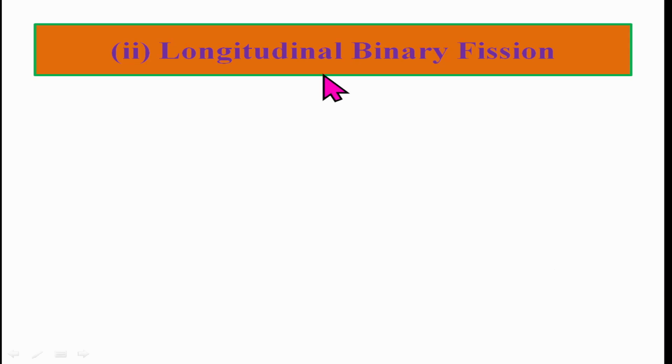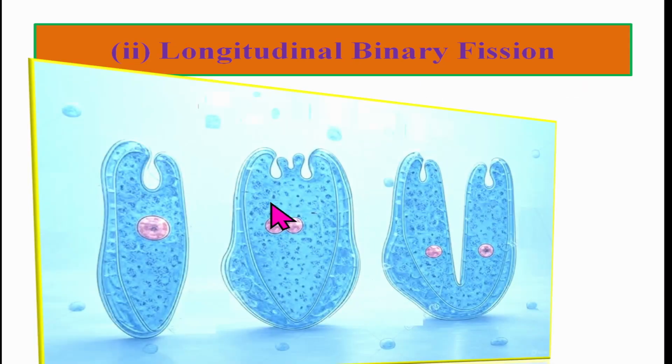Now the second one is longitudinal binary fission, in case of euglena. See, this is the rough diagram of a euglena with a nucleus in between. As and when the euglena matures and a stage comes when the euglena has to separate, during maturity the nucleus divides into two nuclei.